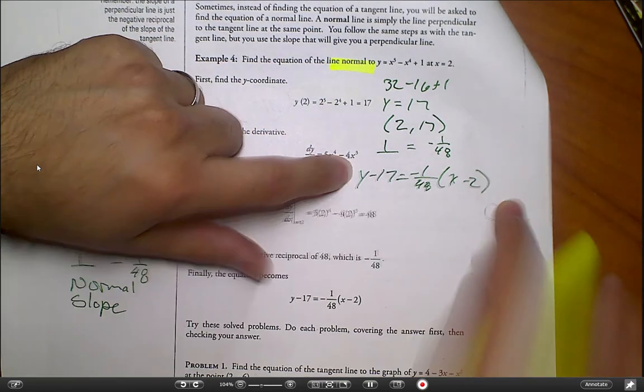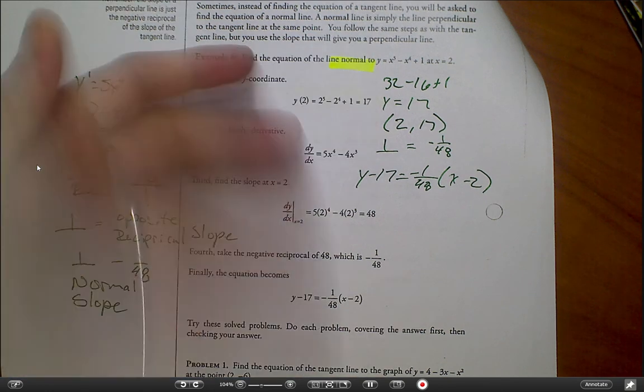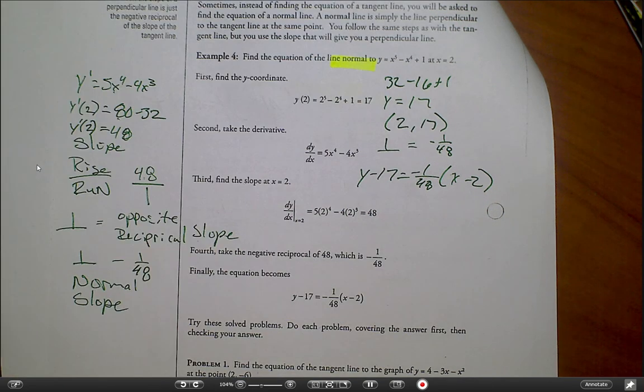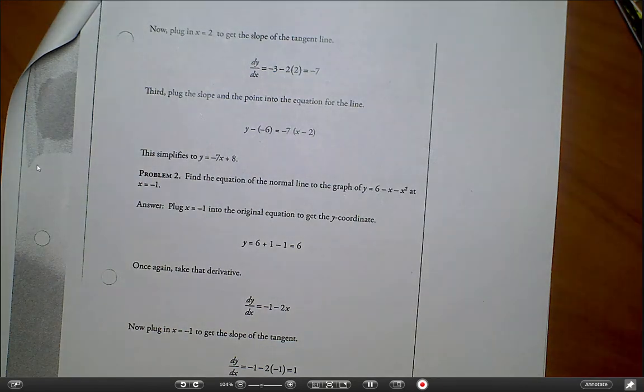So leave it there unless you actually have to. Like on a multiple choice question, you might have to turn it into y equals, or whatever form. Make sense? Okay. So I would leave it right there and just call it a day. All right. So that was the normal, because that was a weird one. I wanted you guys to actually talk about right here.